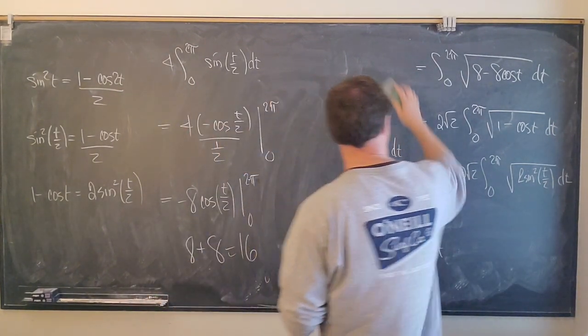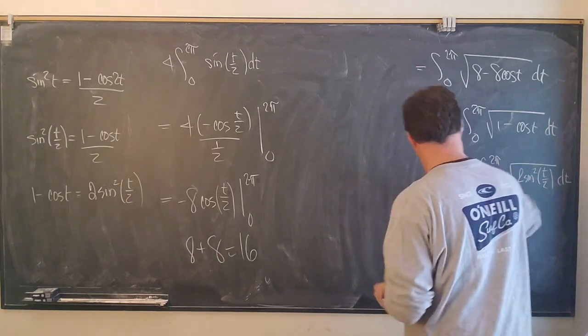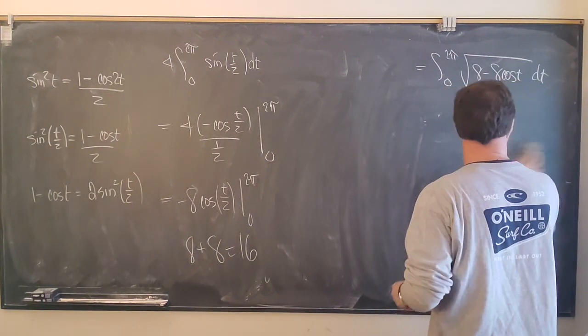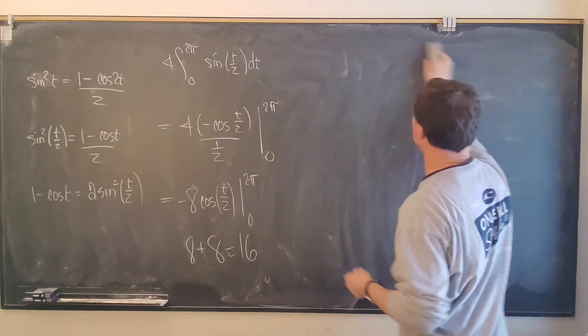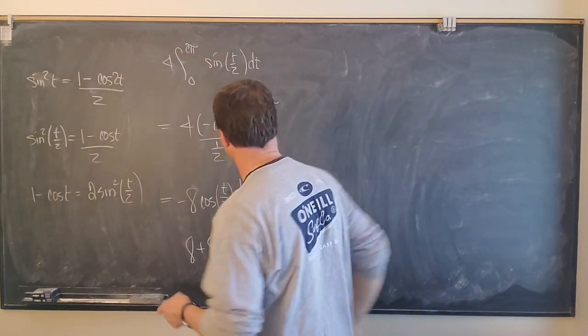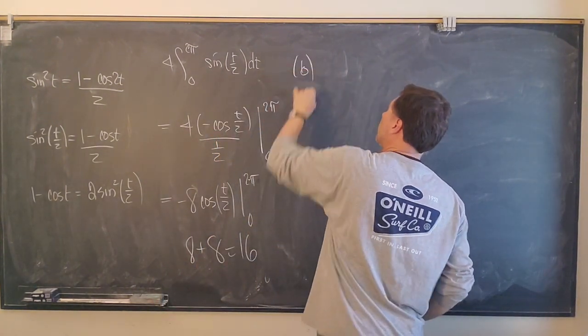Then we're supposed to set up the surface area. You could actually integrate it, but let's just set it up; it would involve the same trig identity.